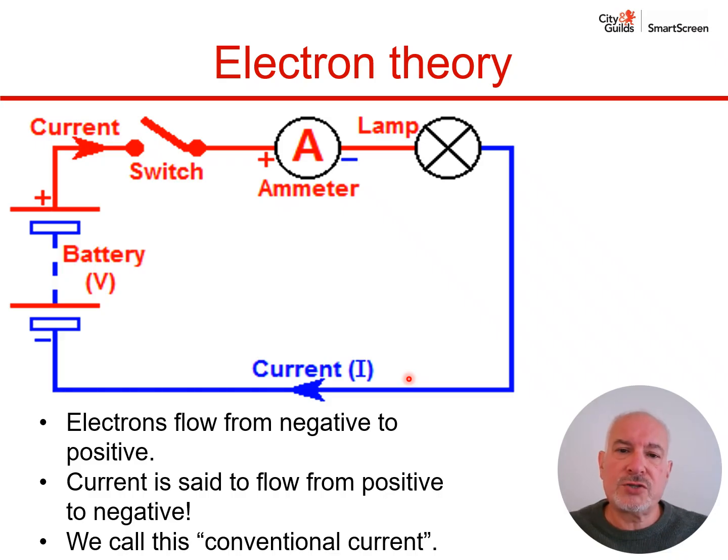So we've begun to develop a further understanding now of how the flow of current around a circuit is really the flow of electrons moving from one atom to another, but because of the introduction of the electromotive force, the battery, it's causing a uniform flow of those electrons in the same direction, negative to positive, and that really is the flow of electric current.